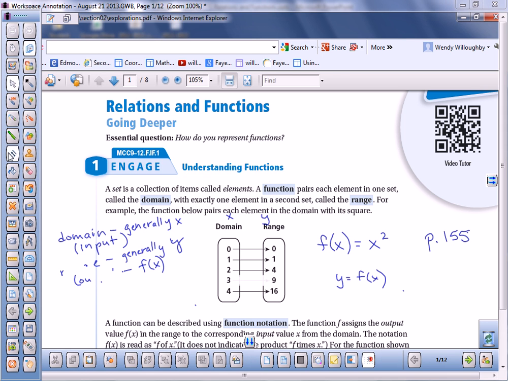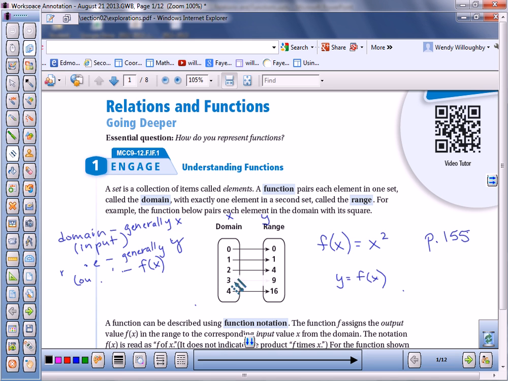Okay, so I got the 3 paired with the 4 now. Is it still a function? Is each element of the input paired with only one element of the output? Yes, there's only one arrow coming out of each one. So is it still a function?